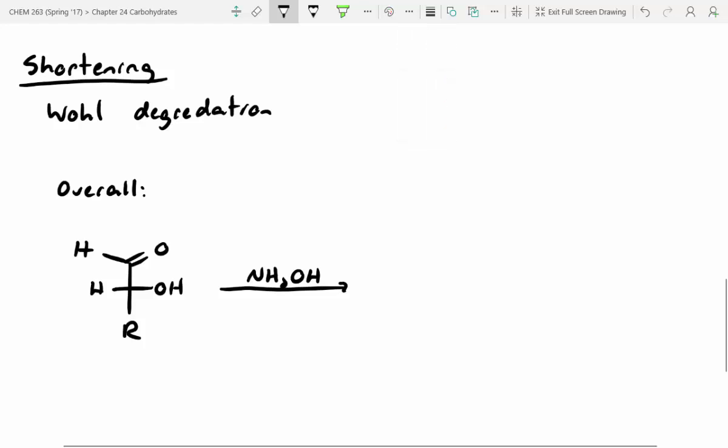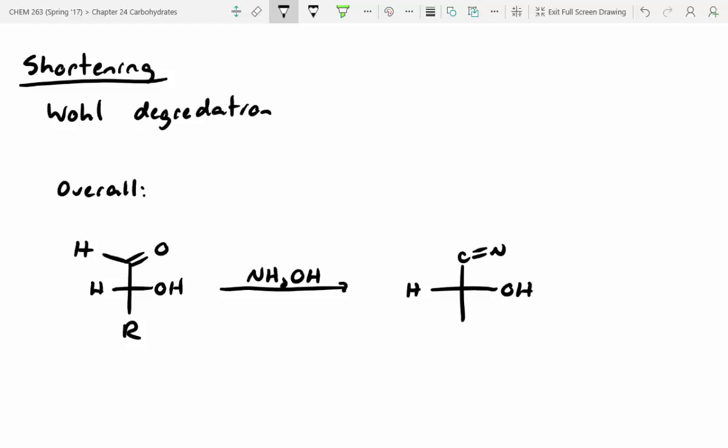And it's an imine with a special name. This was one we briefly talked about before. This is called an oxime.